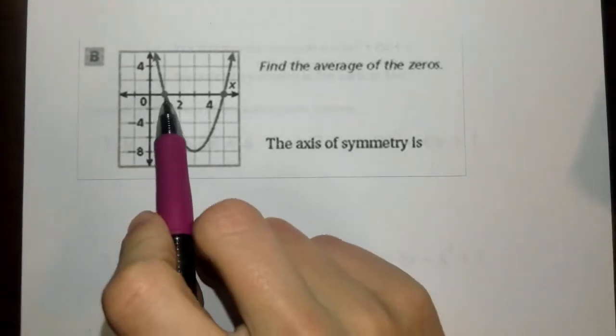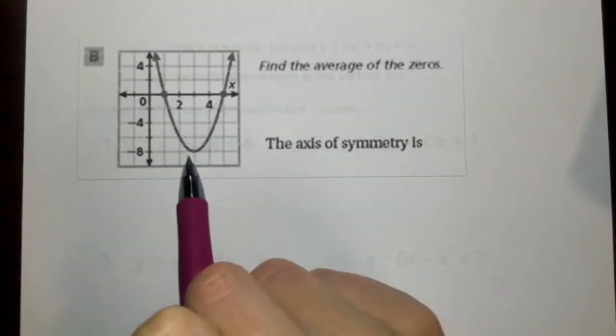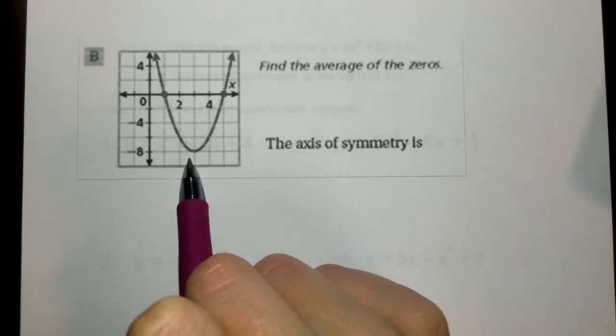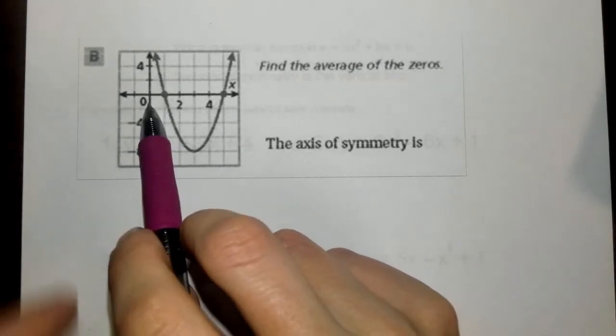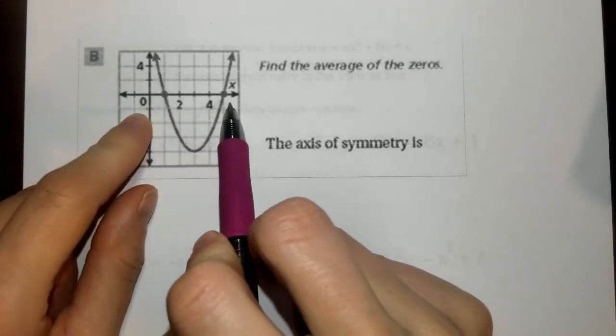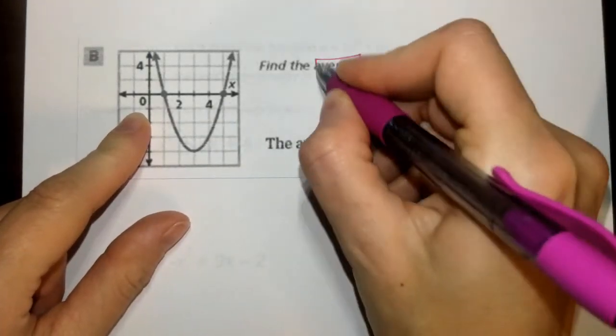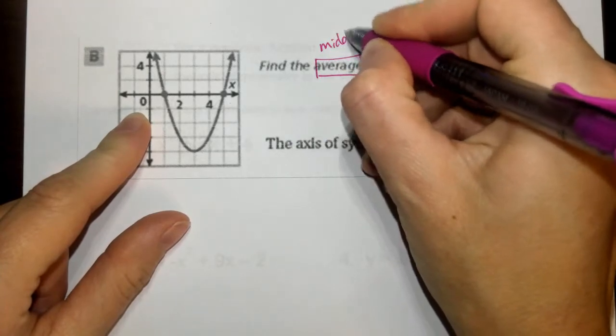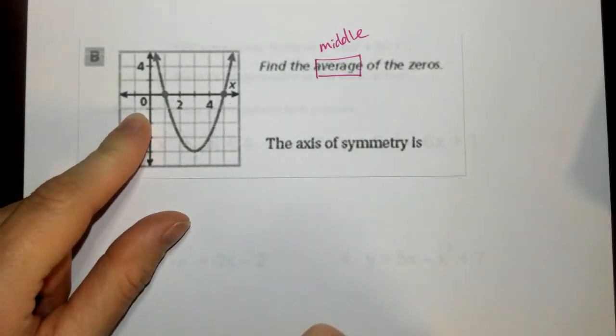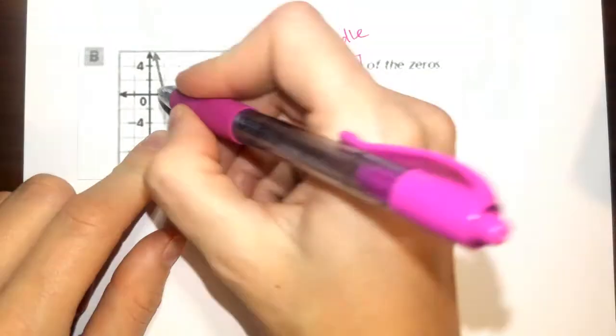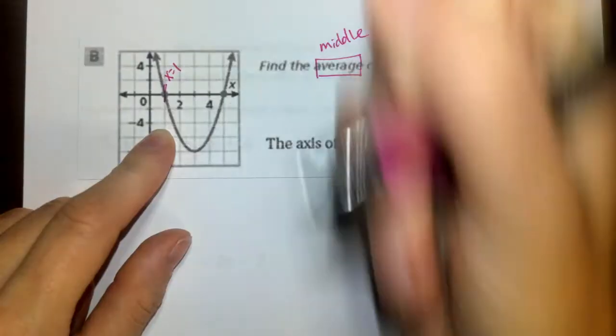So now this vertex is down here. So I'm going to look at where my x-intercepts are and figure out where the middle is. When this says average, it's saying middle. So what x value is this x-intercept at? It's at 1.